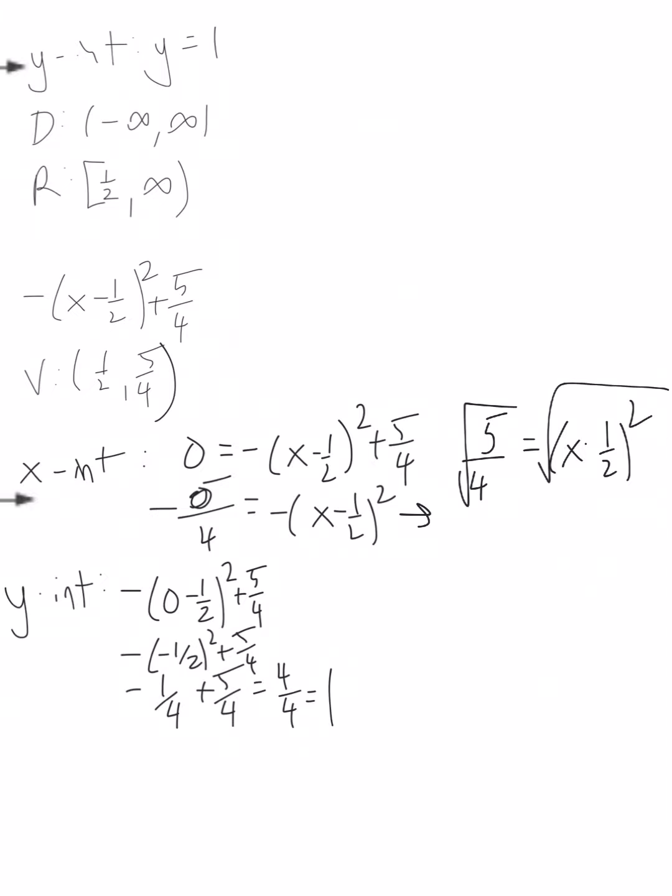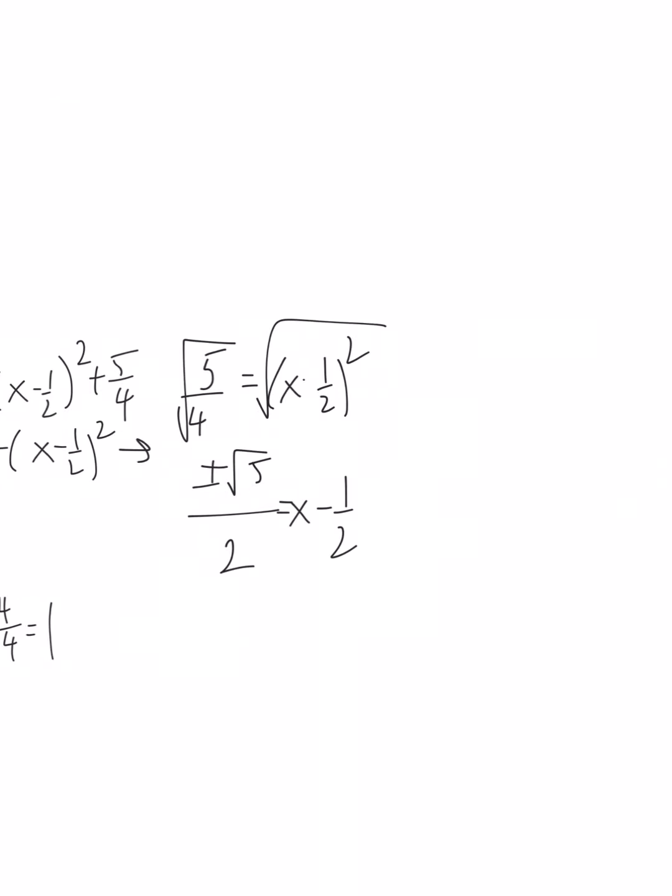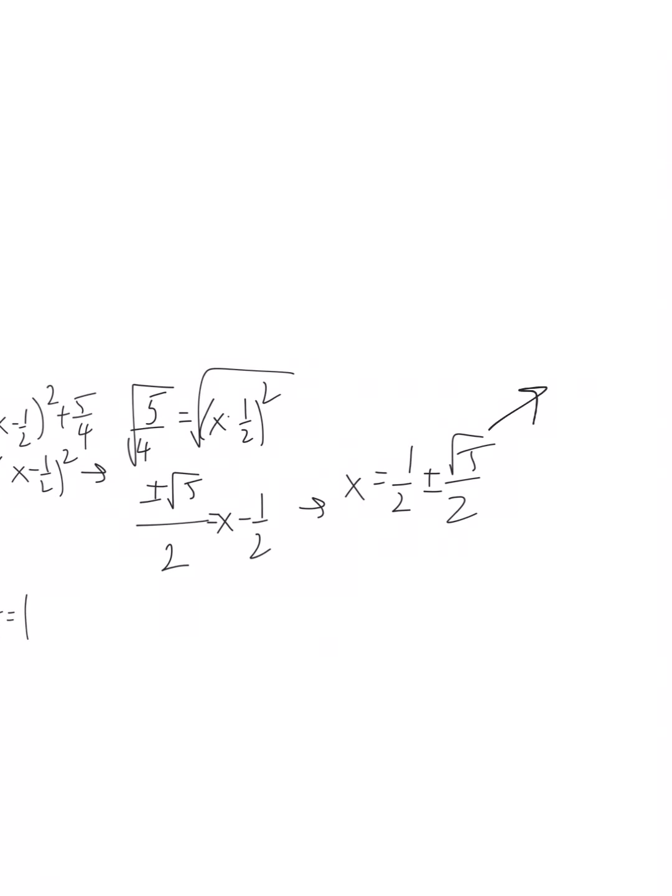Now, since I'm taking the square root, I've got to do plus or minus. So plus or minus square root of 5. Square root of 4 is just 2. So, whoops, we get x equals minus 1/2 of that. And then add the 1/2 to both sides. So I get x equals 1/2 plus or minus the square root of 5 over 2, which as decimals has the approximation negative 0.62 and 1.62.